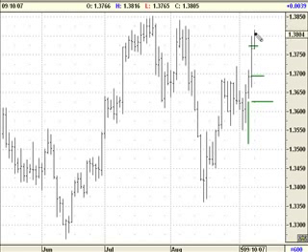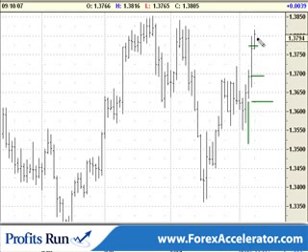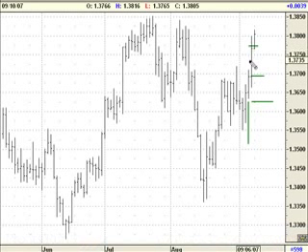Okay, so we had a narrower range day here. We're still long half the position, having gone long from this level right here. And we're protecting the last half of that position with a trailing stop based on the lowest low of the last 3 days. So 1, 2, 3. The stop remains right here. And so we'll pick this up on Tuesday and see what develops.